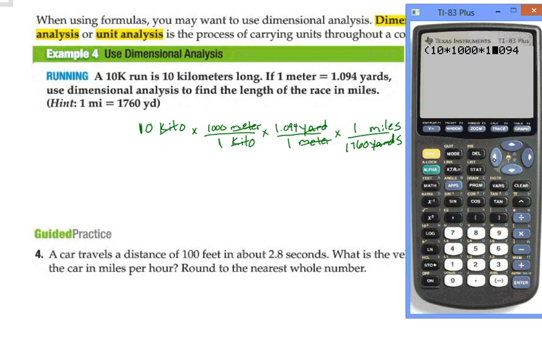There's a cool little button right here, that delete. I'm going to delete that too, and I'm going to insert a decimal. It's pretty cool. And then right here, I'm going to close my parenthesis. Then I'm going to divide by the 1,760. And I end up with about 6.2 miles.